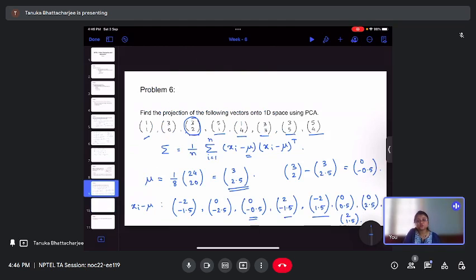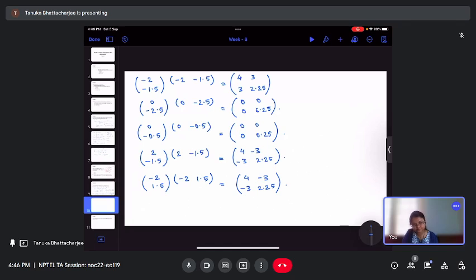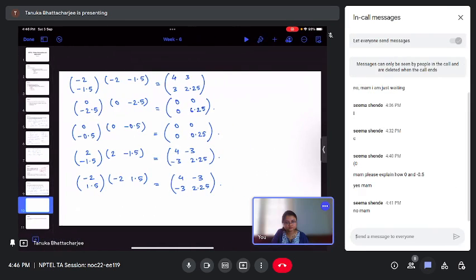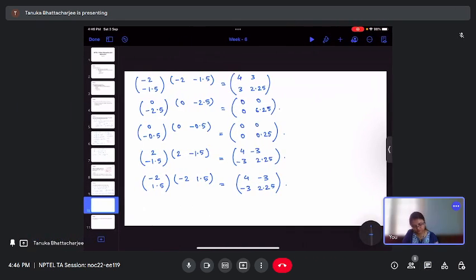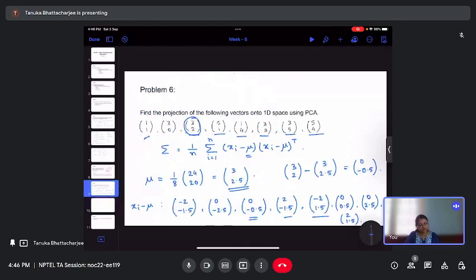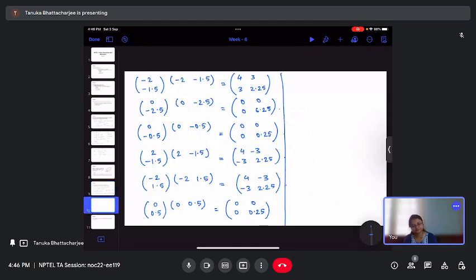Then we have 0.5. Then the next example is 0, 2.5, and 0, 2.5 transpose.